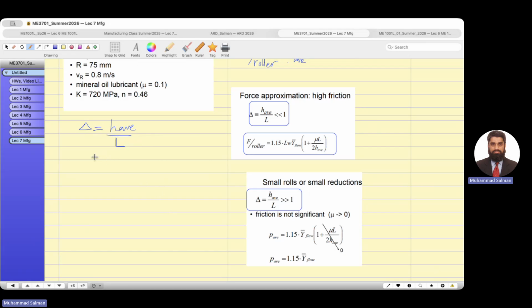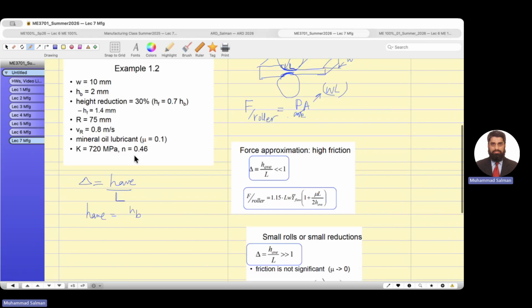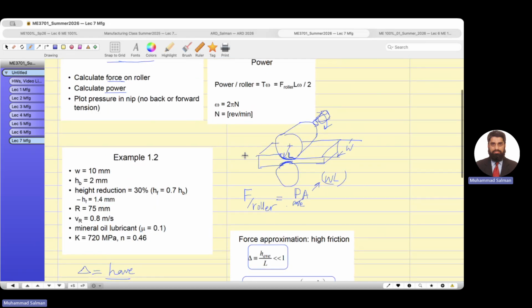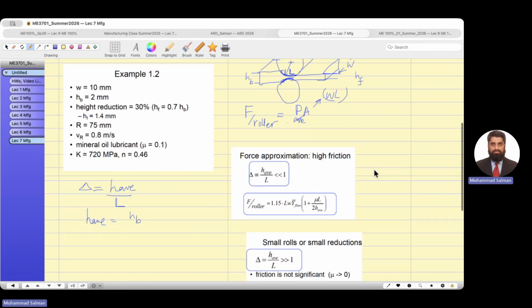So you will ask, Professor, what is H average? So H average is the height in the beginning. This is my beginning side, okay? Height in the beginning or height at the back, height at the front, thickness. Sometimes you can understand this as a thickness or height. It doesn't matter.